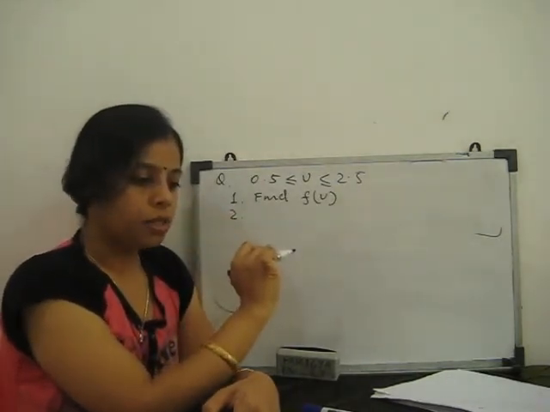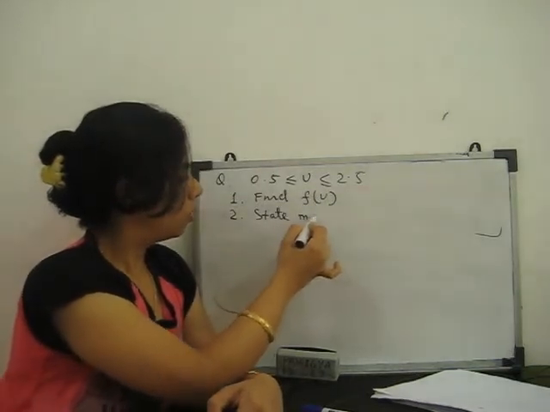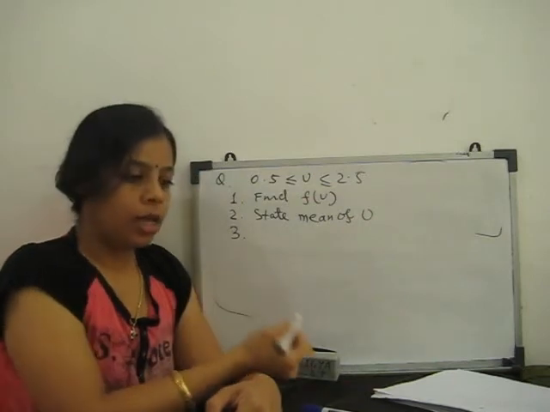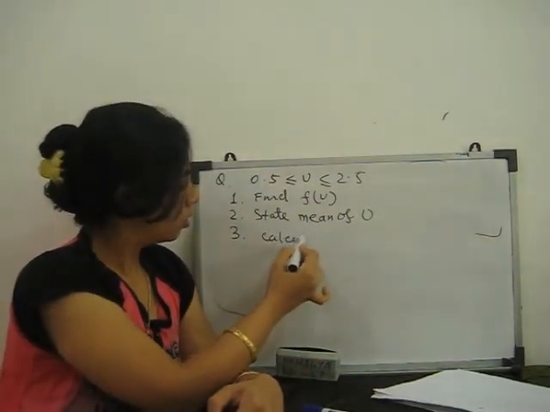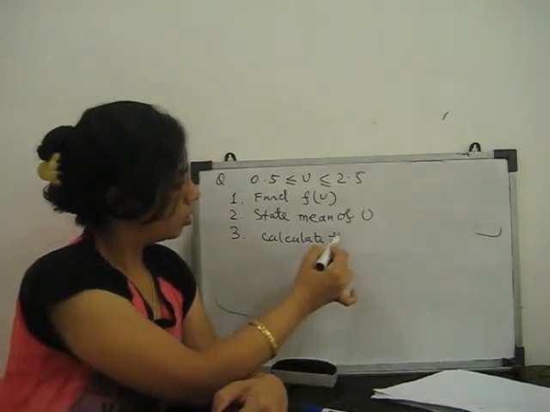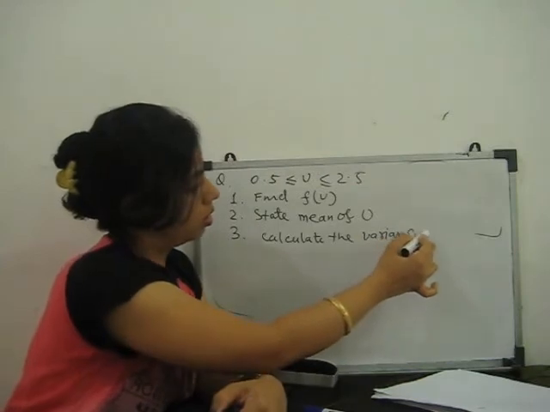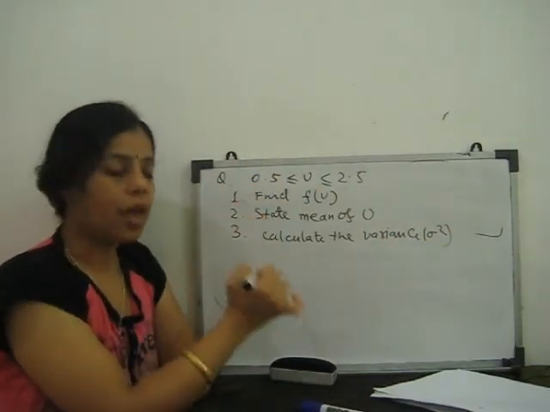Second, state the mean of u. Third, calculate the variance, sigma square.